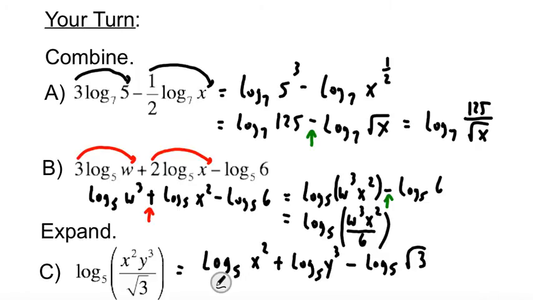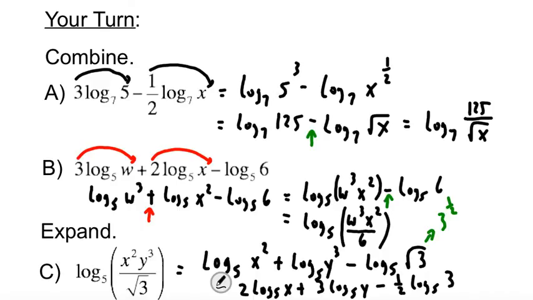All right, we're supposed to expand it so all the powers have to come out. So remember, don't forget that this 3 here is the same thing as 3 to the 1/2. That's the square root of 3 there. So it becomes 2 log base 5 of x plus 3 log base 5 of y minus 1/2 log base 5 of 3.